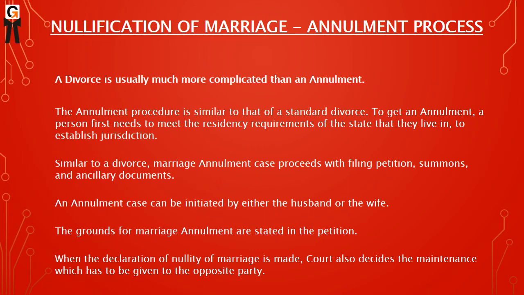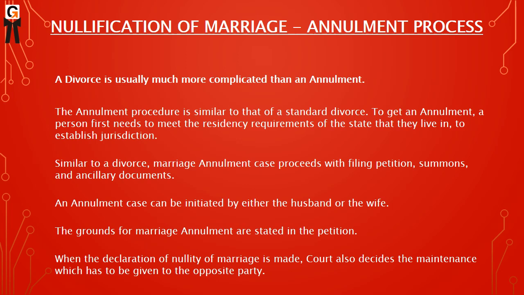For comparison, a divorce is usually much more complicated than an annulment. In court, the annulment procedure is similar to that of a standard divorce. To get an annulment, a person first needs to meet the residency requirements of the state that they live in, which is to establish jurisdiction. Similar to a divorce, a marriage annulment case proceeds with the filing, petition, summons, and ancillary documents.